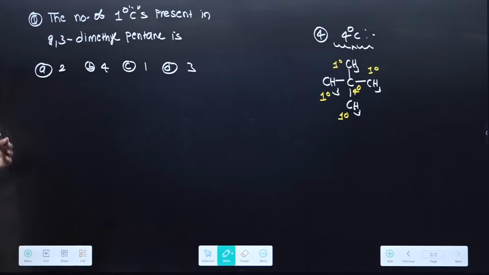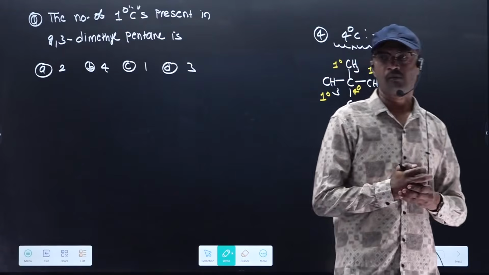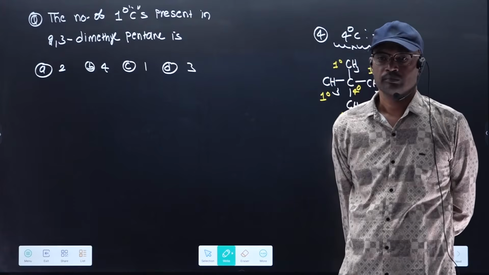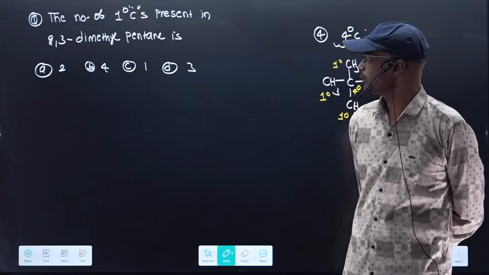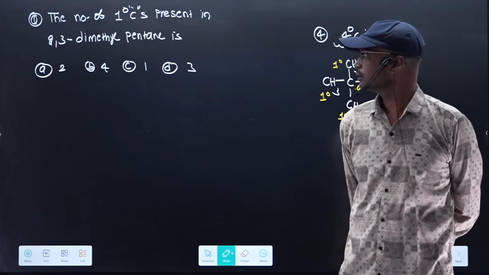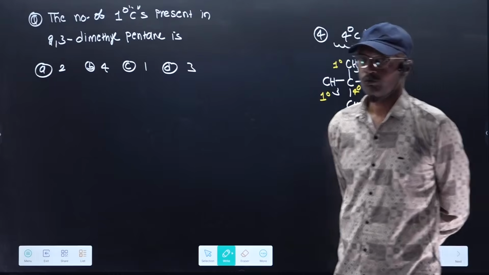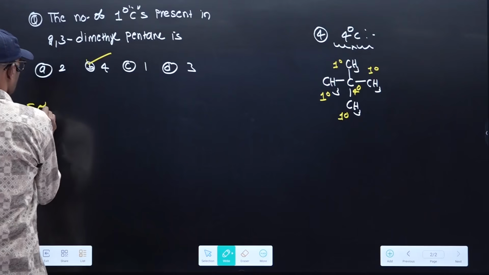How many primary carbons present in 2,3 dimethyl pentane? 4 or not? Answer is 4. So if you know the structure, answer is clear.